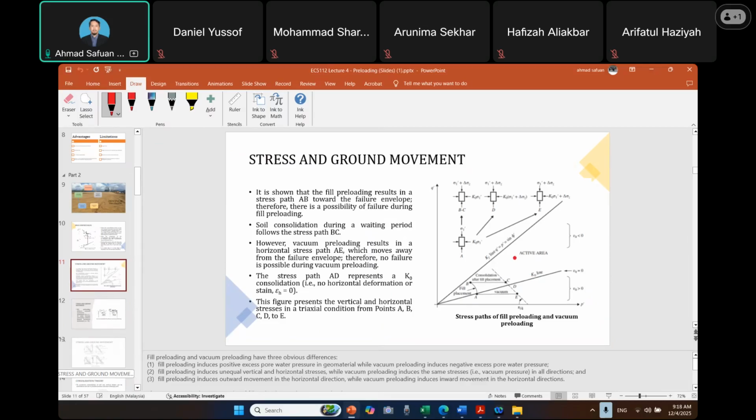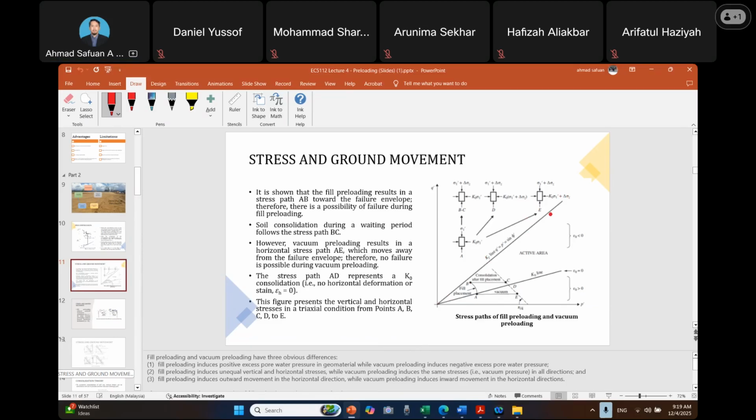Above the K naught line is considered an active area, so there will be movements in the lateral direction. There is still movement in the vertical, but lateral movement happens as well. So we need to make sure that it doesn't reach this failure line.